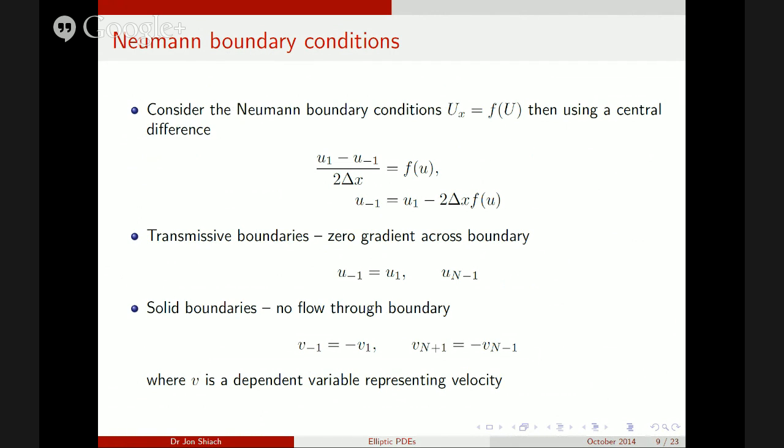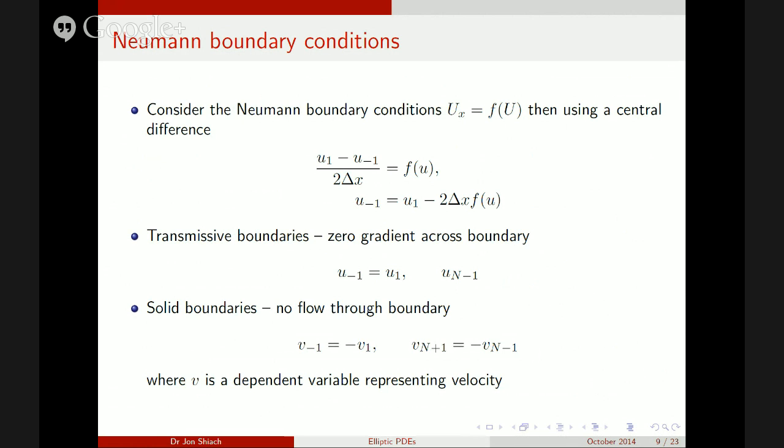Rearrange to make the ghost node the subject. So you have the ghost node is equal to the second computational node, the one adjacent to the boundary node, minus 2 times step length times whatever that function is. Normally that function's 0.